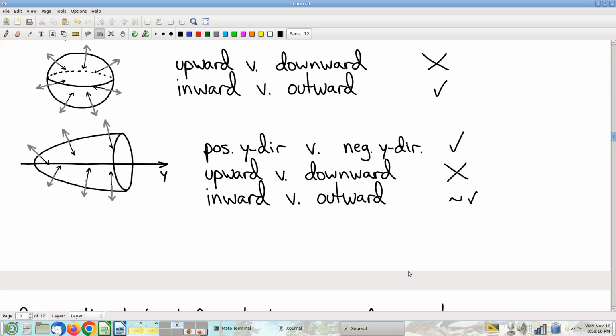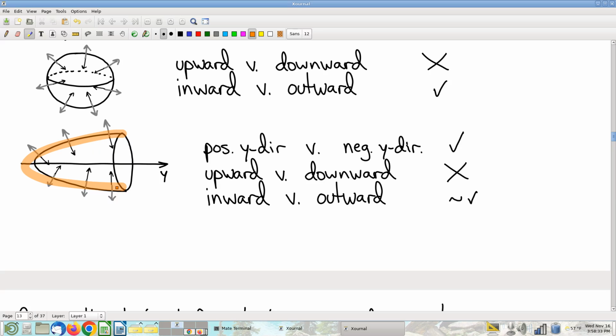Just real quick, one last option for something like this. For something like this, upward and downward doesn't work. Inward and outward, again, kind of, sort of, not really super happy with it.